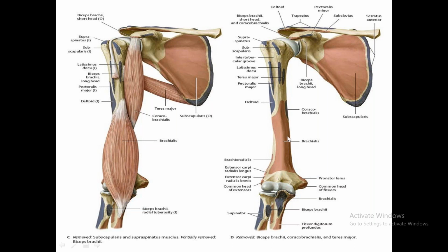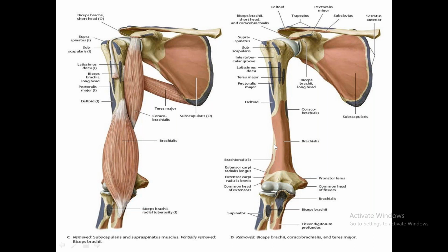The brachialis is innervated by musculocutaneous nerve. All three muscles of the anterior compartment are supplied by musculocutaneous nerve, which arises from the lateral cord of the brachial plexus. Anterior compartment is also called the flexor compartment, so brachialis causes flexion of the elbow joint.